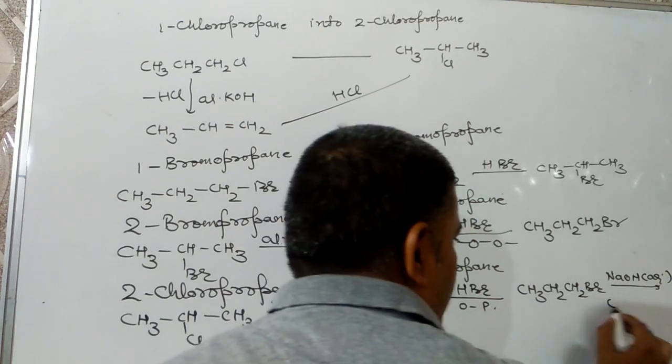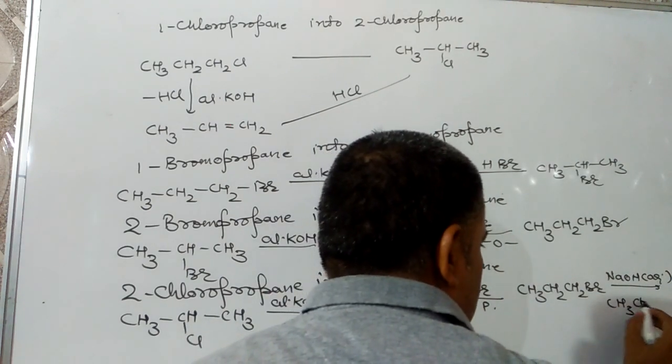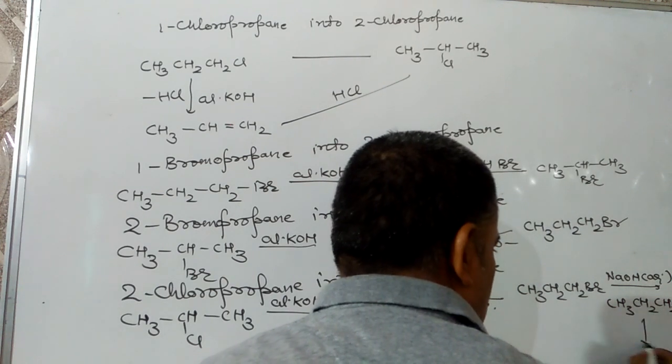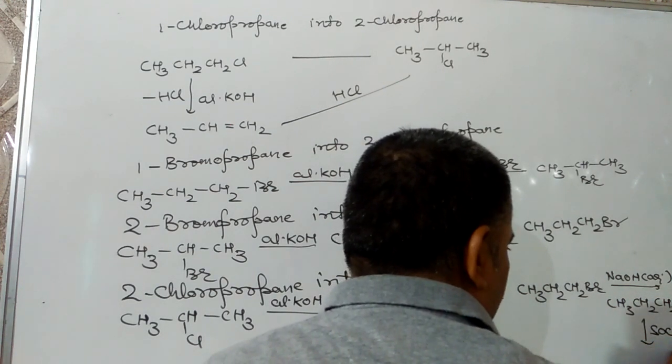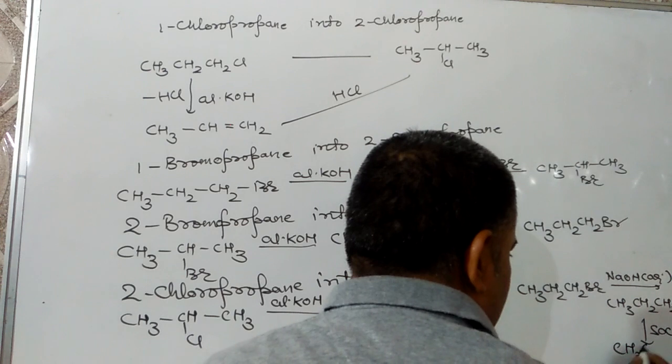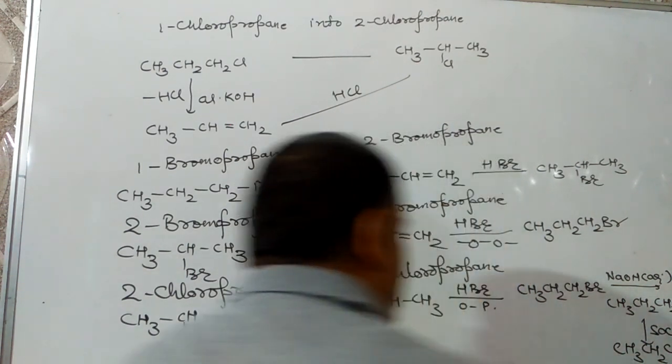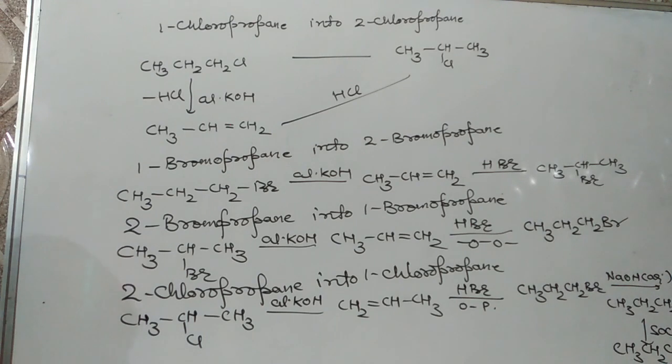The product formed will be propan-1-ol. And then propan-1-ol can react with SOCl2 to give you 1-chloropropane. These 4 conversions are very important and may be asked in your board exams.